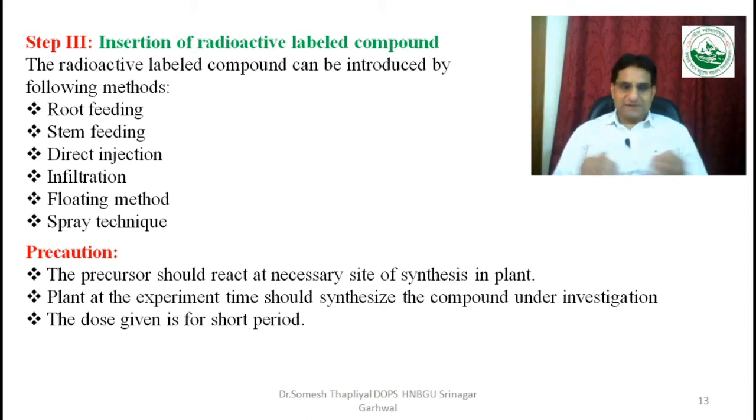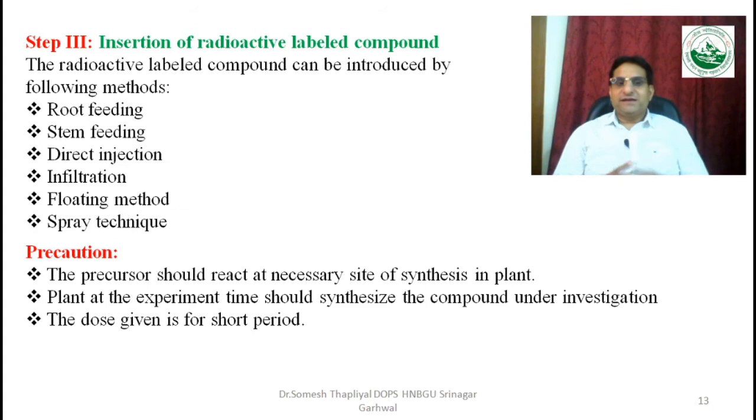So the direct injection method is used for stems and fruits which are hollow or capsular in nature. Hollow stems are found in umbelliferous plants like fennel, and capsular fruit plants include, for example, opium.